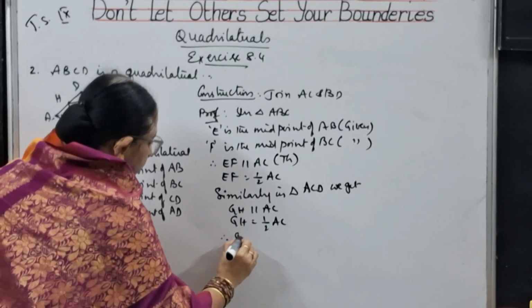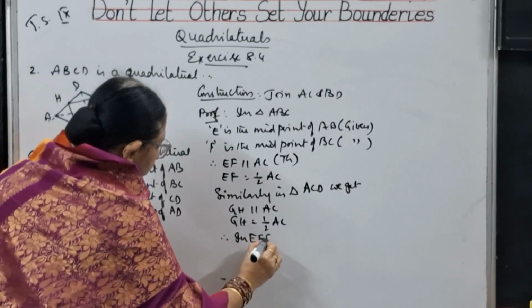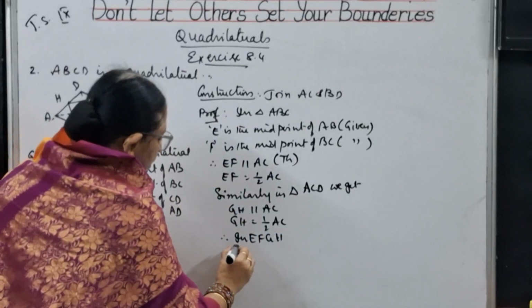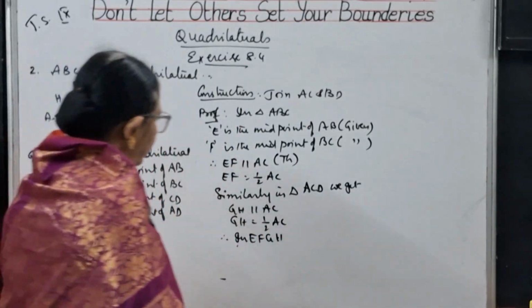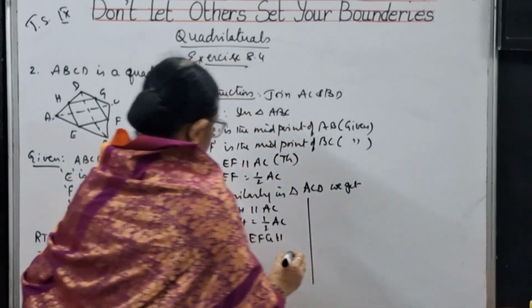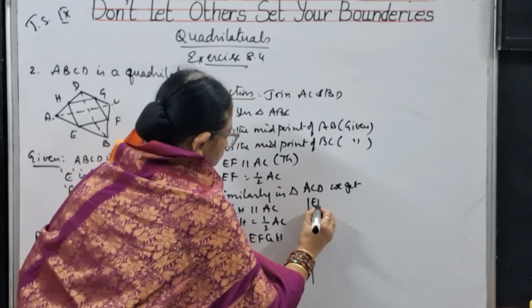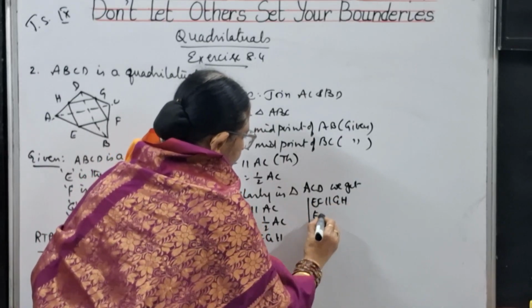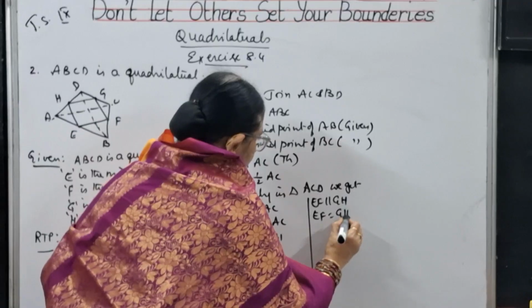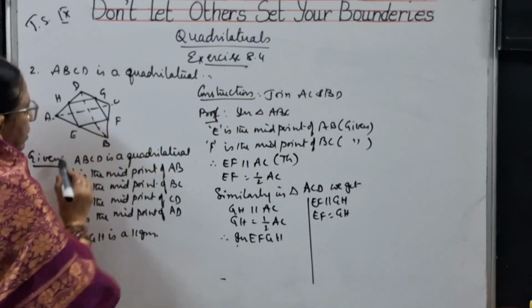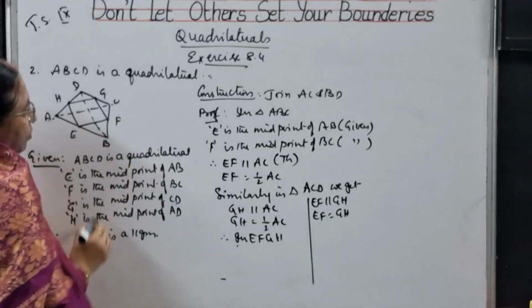Therefore, in EFGH, EF is parallel to GH and EF is equal to GH. Why EF is equal to GH? Because EF is half of AC, GH also is half of AC.